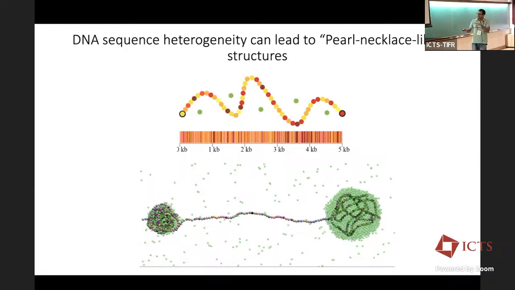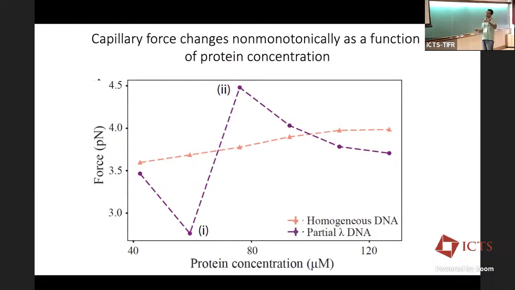Through that, you can really see these multiple condensates. It also has an interesting impact: if you look at the lambda sequence, it's very noisy, but when you change concentration, you can see these really sharp, nonlinear jumps in forces, and it all has to do with the interfacial DNA.